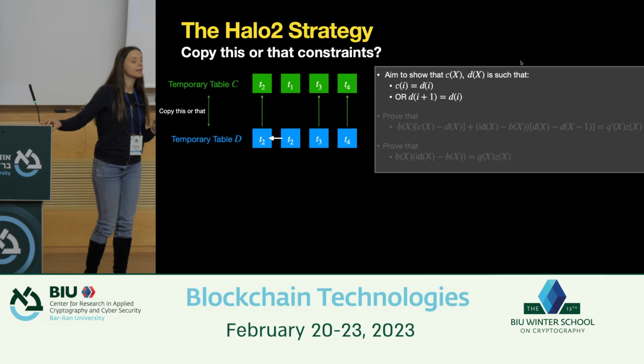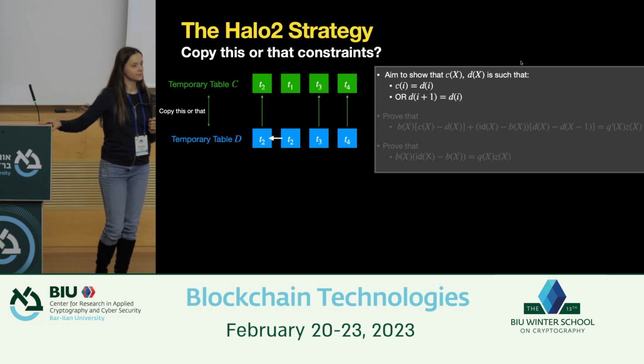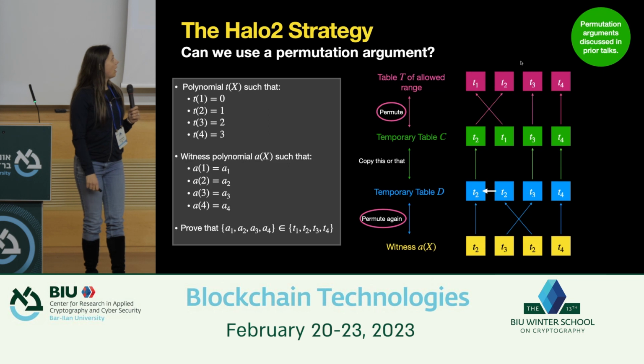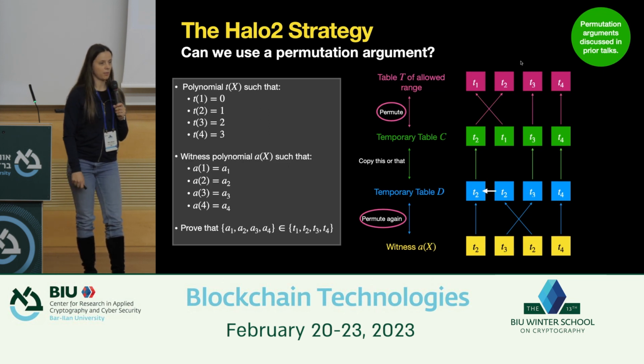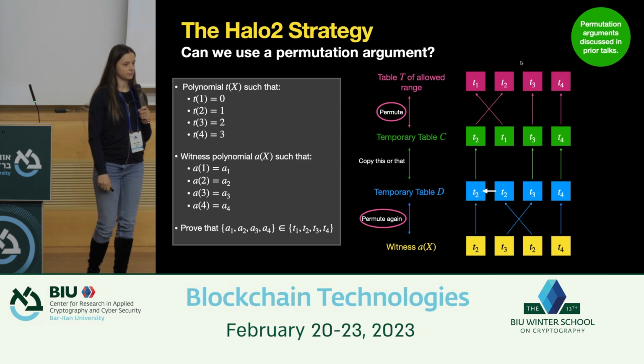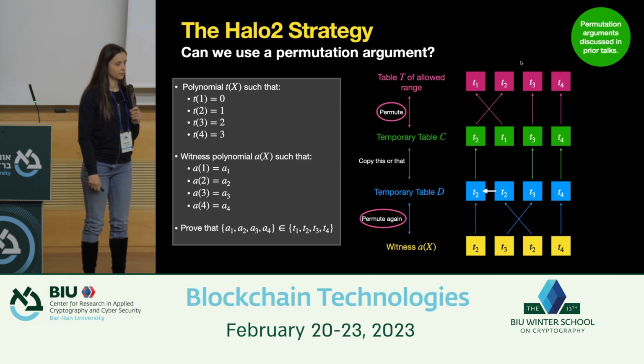Yeah? If we didn't have P1 before, like really running the final table, I don't think we understand why we need the P1. Well, we need that the table C is a permutation of table T if we want to be able to run a permutation argument. What would fail in the permutation argument if we would have two T2s?